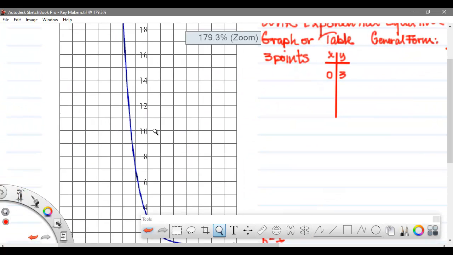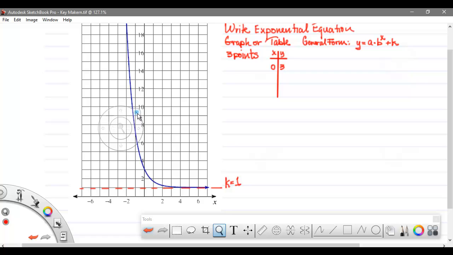So if we zoom out, you're going to be able to see there is (0, 3) right there. Okay, so now that will be used to find the y-intercept. Now remember, that's not exactly the y-intercept of our equation. It's not a, but it will help us to find it.